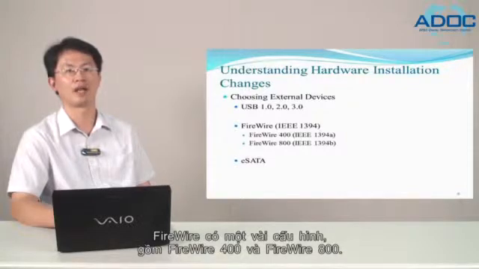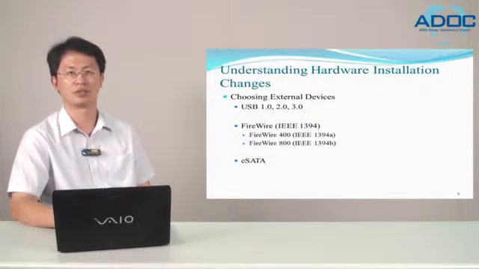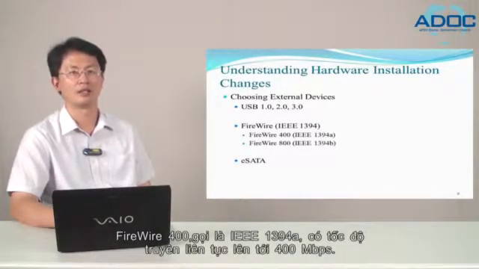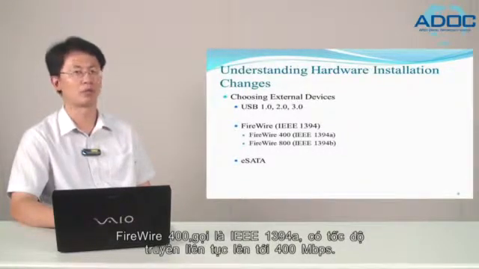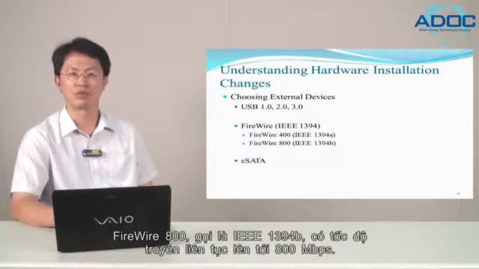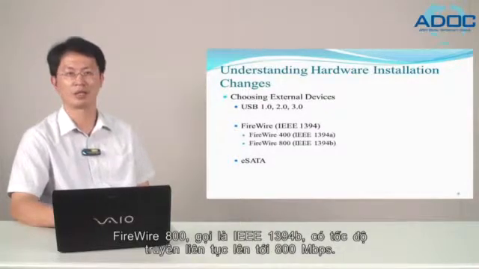FireWire has several configurations, including FireWire 400 and FireWire 800. FireWire 400, also called IEEE 1394A, has maximum sustained transfer rates of up to 400 megabits per second. FireWire 800, also called IEEE 1394B, has maximum sustained transfer rates of up to 800 megabits per second.